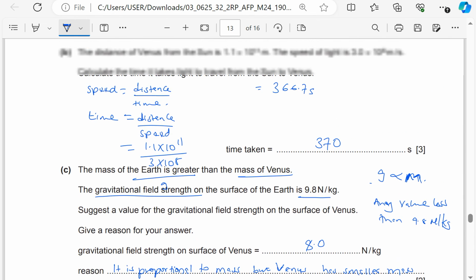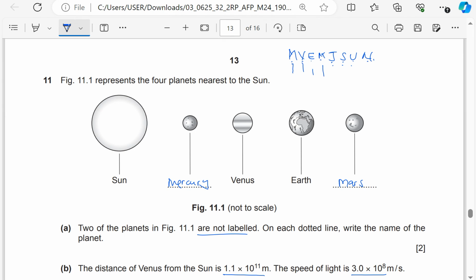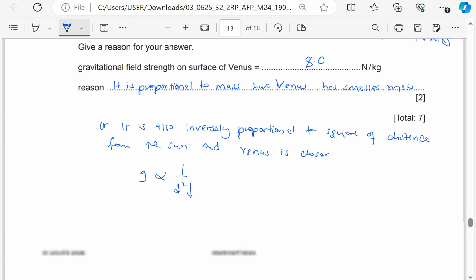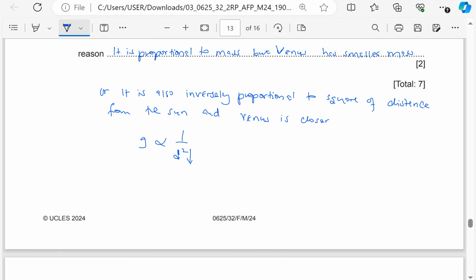Now let me check here, my very easy method. It's inversely proportional to the distance from the Sun. So because Venus is closer, G is going to be actually smaller, even if I don't indicate this.